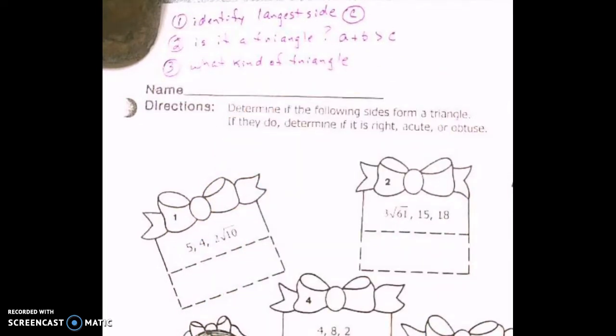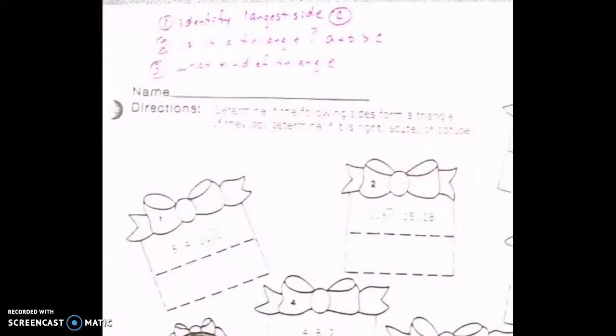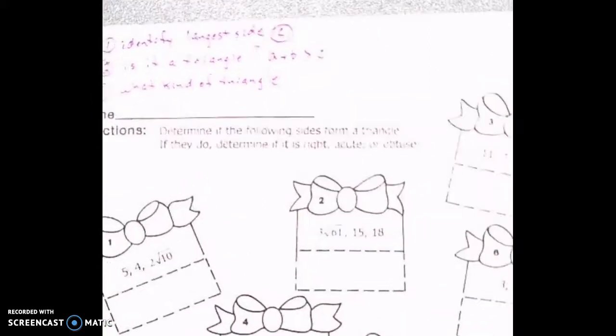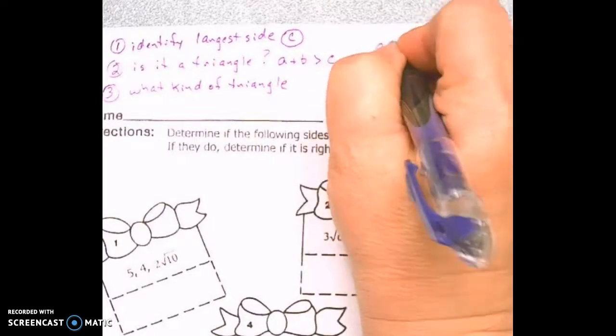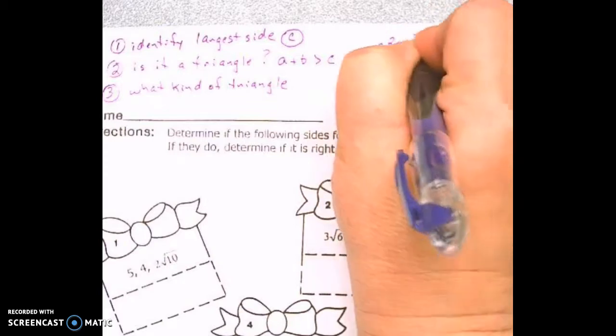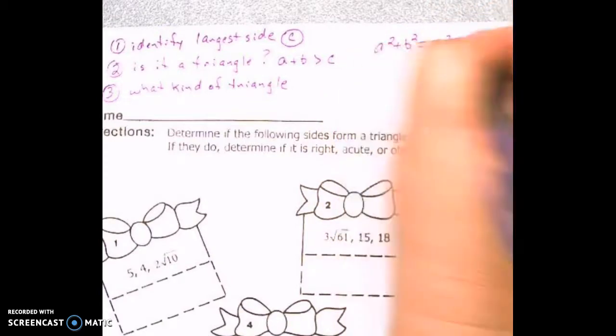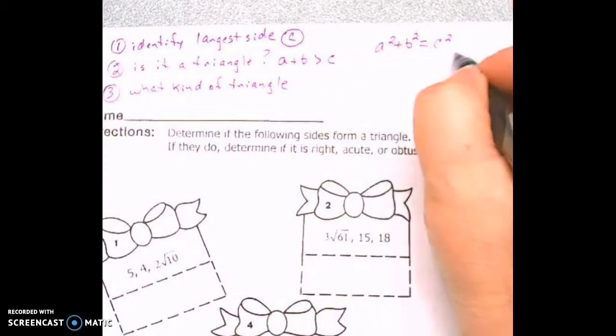And you figure out what kind of a triangle you have by comparing the a squared and b squared together to the c squared by itself. If I'm looking at my a squared plus my b squared equaling my c squared, I know that I have a right triangle.